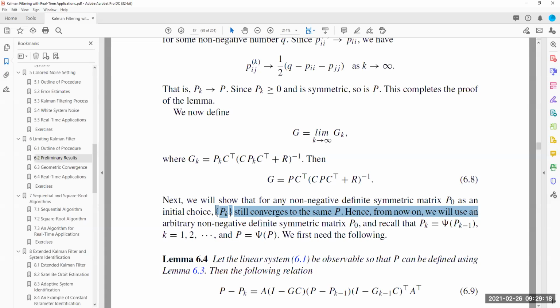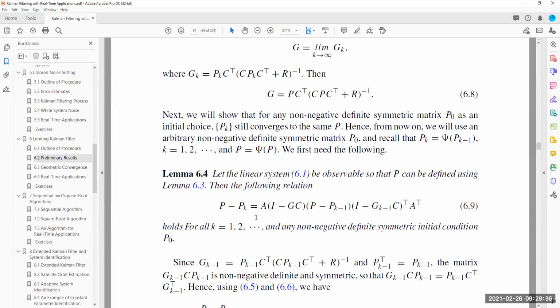Okay. Then from here, we just assume this P0 is an arbitrary non-negative definite symmetric matrix, and the PK satisfies this recursive form. Then we need lemma 6.4.